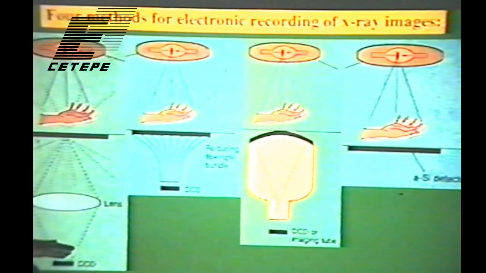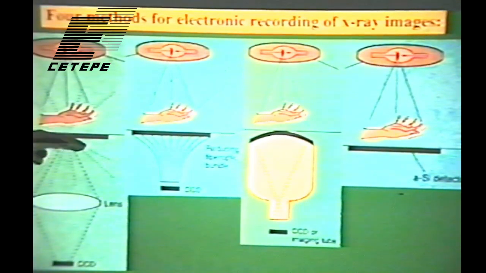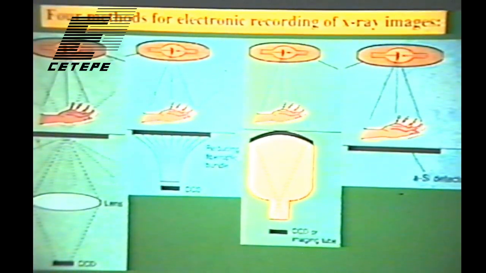If you had a CCD system that was sophisticated enough, in other words, so low noise that it could take pictures in starlight, as we'll see in a minute, you could take it out at night and take a picture with it without any intensification. You could also just have a phosphor layer, have X-rays come onto the phosphor layer, and focus a CCD camera on the phosphor. And you could take a picture like that.